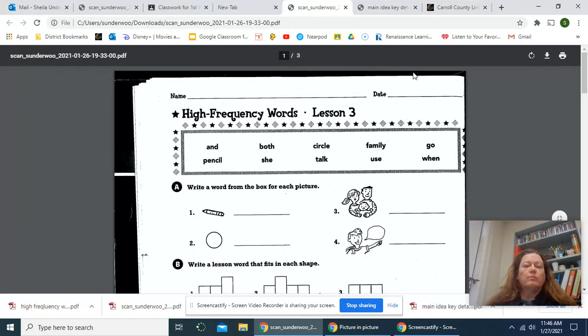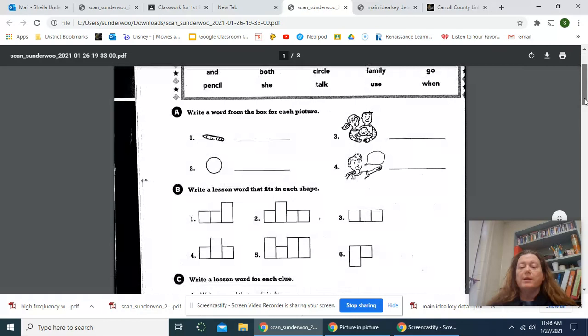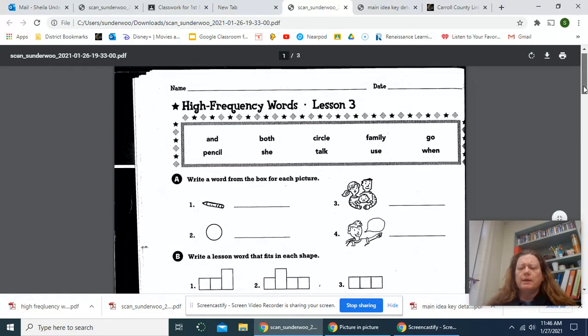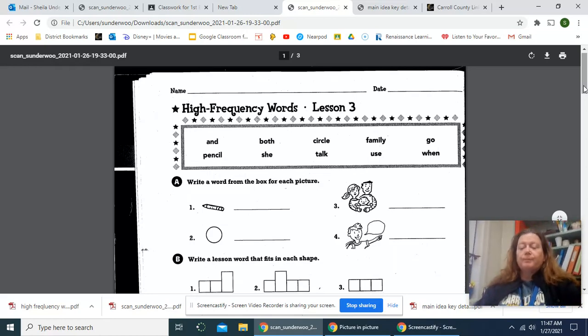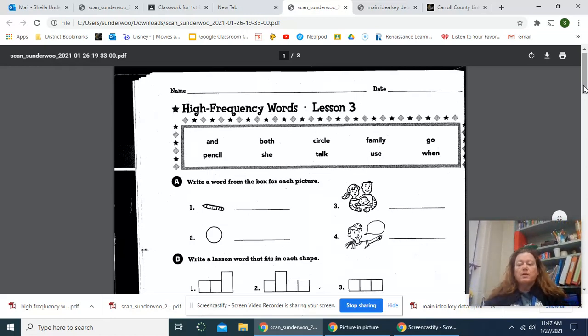The high frequency words. Some of you have seen this before, and we are going to be doing several lessons. This is basically going to probably replace some of the sentences that you have to do.